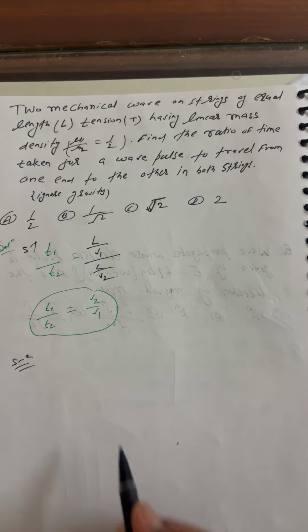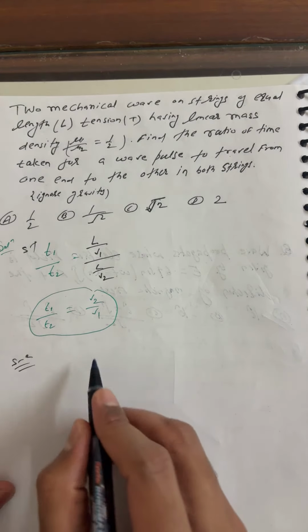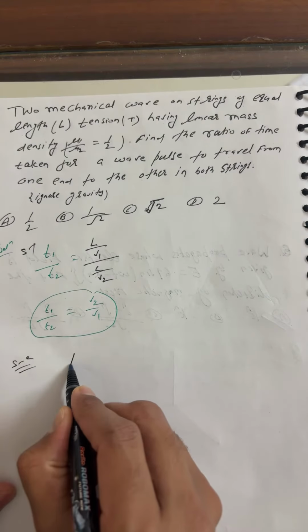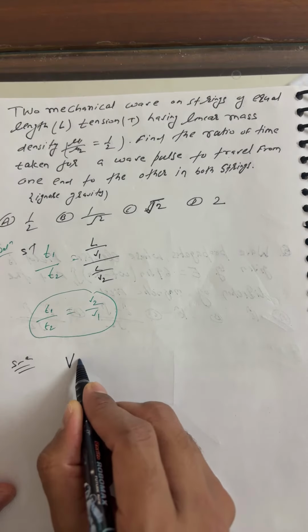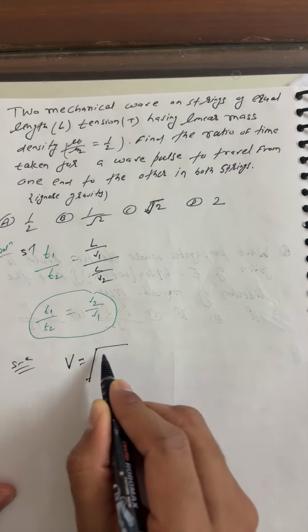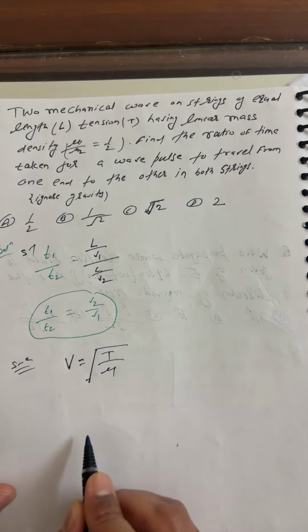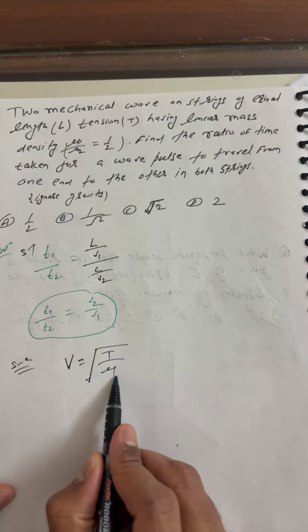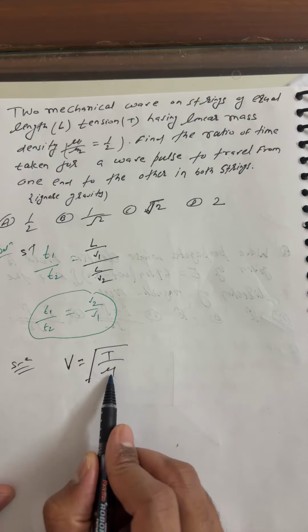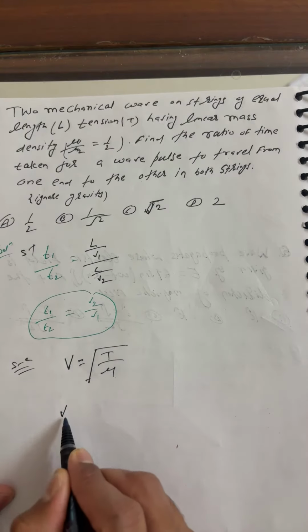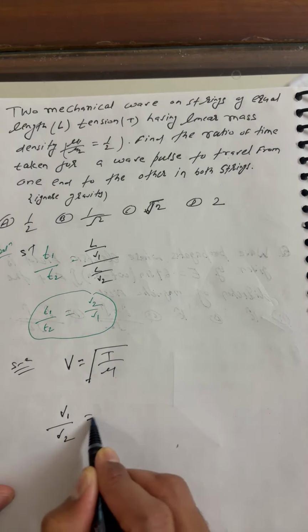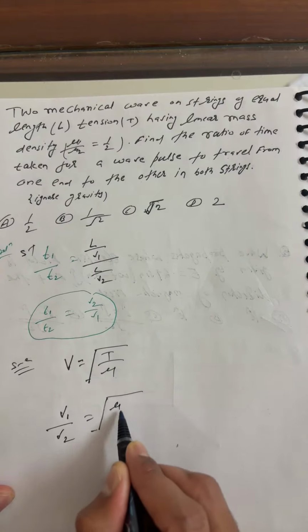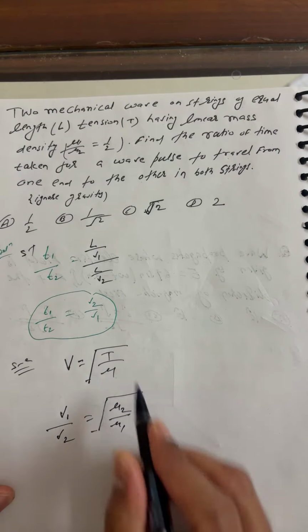Step two: for this condition, you have to use the formula of velocity of the wave, v equals root of T by mu. T remains the same, so v is inversely proportional to root mu. So V1 by V2 is root of mu2 by mu1.